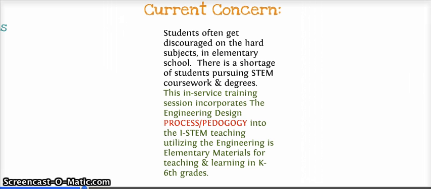Secondly, too many students lose interest in science and mathematics at an early age, usually in elementary grades, and avoid the hard subjects, making it an early exit from the so-called STEM pipeline. This presentation would like to introduce a tool and a process for teaching and learning iSTEM in elementary grades.